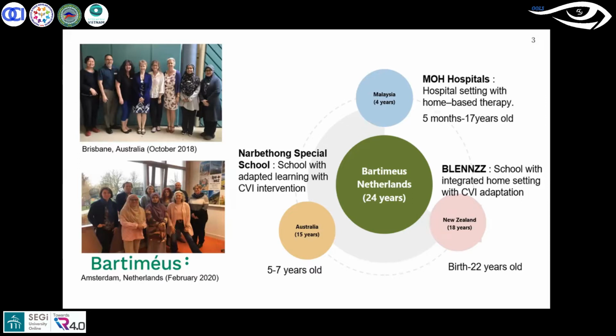We also encountered colleagues from New Zealand, through an institution named BLENNZ, who have an integrated home setting with a school setting in a large compound, also with CVI adaptation. They accept children from as young as newborn up to 22 years old. For Malaysia, we began in 2017, like I mentioned, so almost 4 years now.